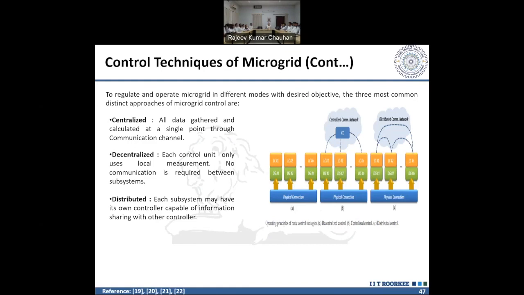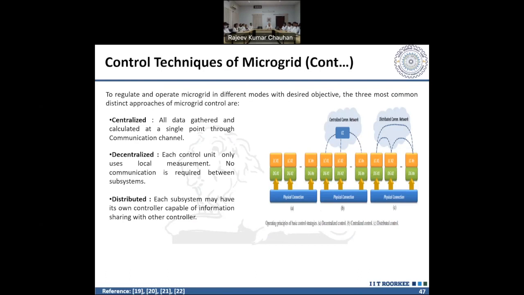In centralized, each individual machine or area will have its own control. Like we have the different DGs, either solar or wind or some other type or the battery. So they will have their own dedicated control.